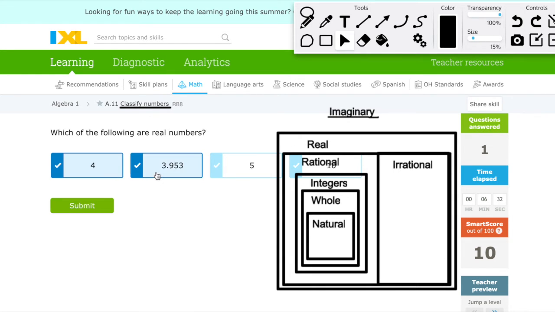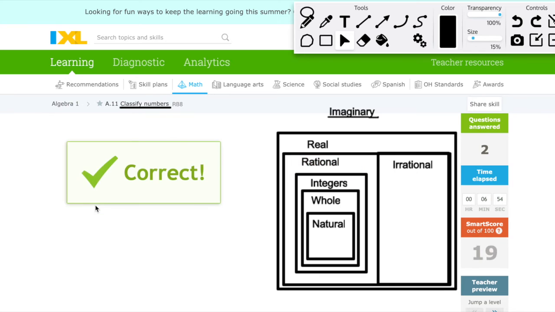So 4, even a decimal, 3.953, 5, and 10 is what that is. All those are numbers that we know right now. If they threw something with like a lowercase and italicized i at you, if you ever saw that's how they start to denote that imaginary number. Everything here falls under the real category.